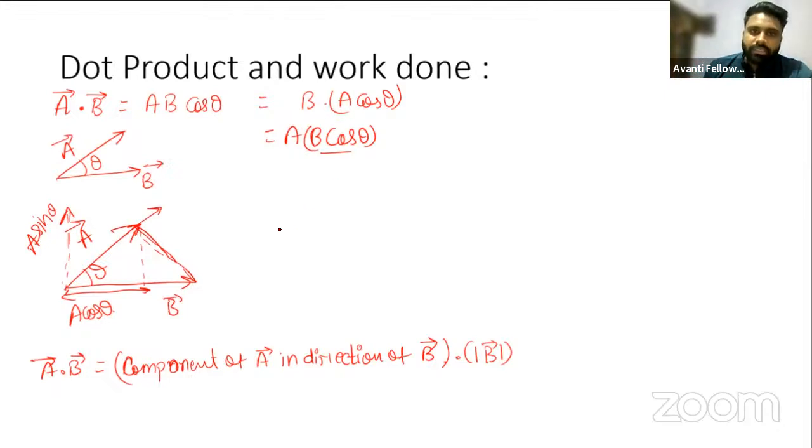Got it. Now, how do we calculate the angle between them? The dot product helps us calculate the angle between two vectors.